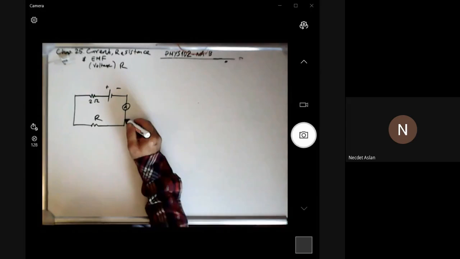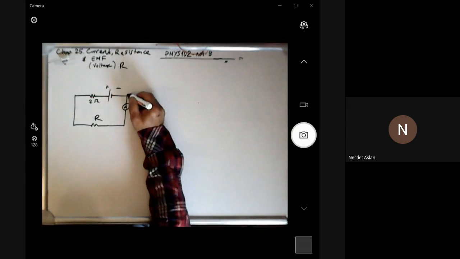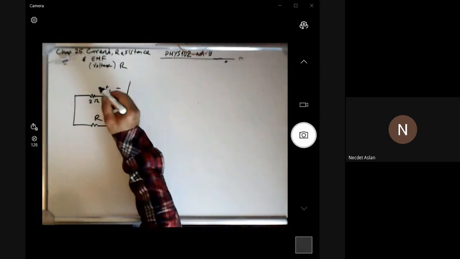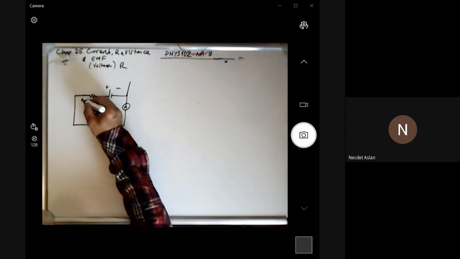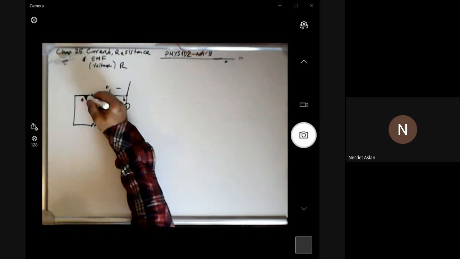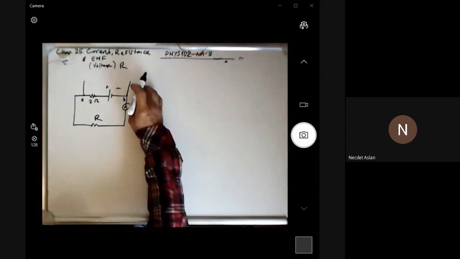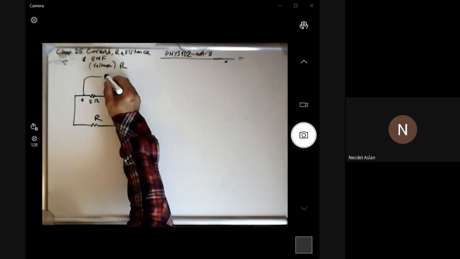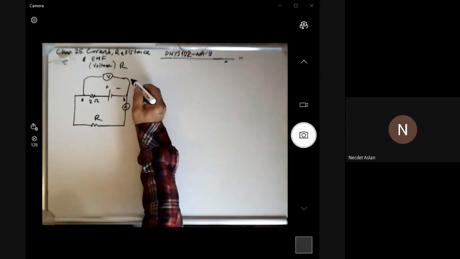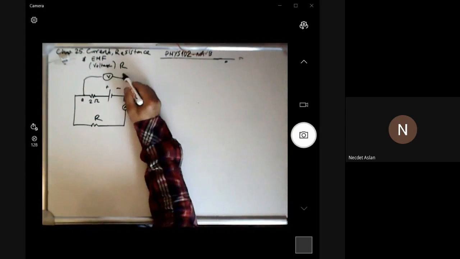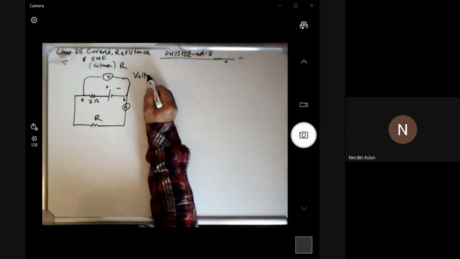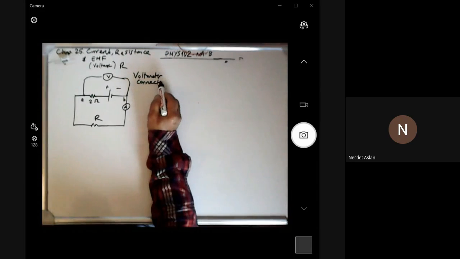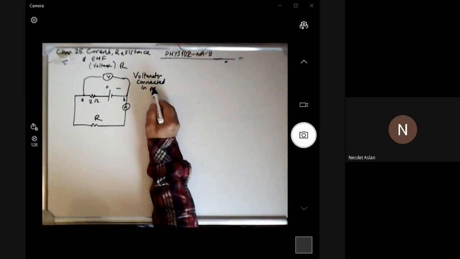This is always connected in series, but the potential between points A and B is measured by the voltmeter. So the voltmeter is always connected in parallel.